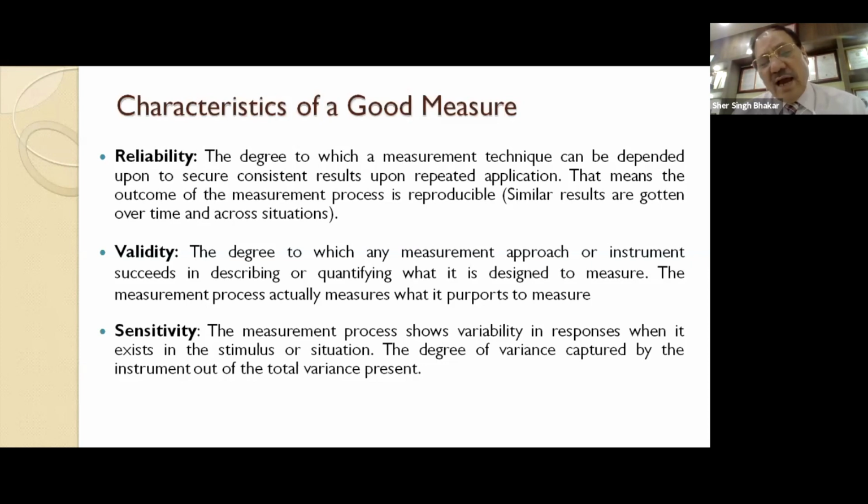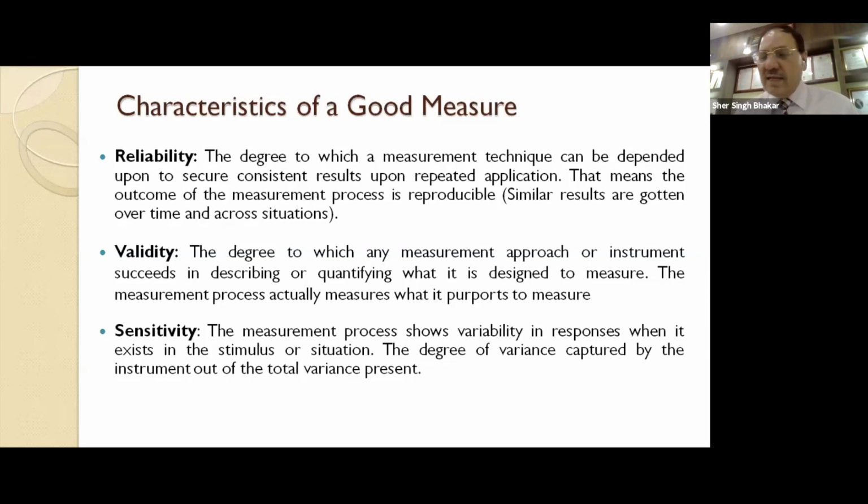For educated people, you can use up to 1 to 7 for indirect measures, and 1 to 10, etc. So sensitivity is very important, because your questionnaire or whatever measure you are using will not give you correct results if the sensitivity is not correctly identified.